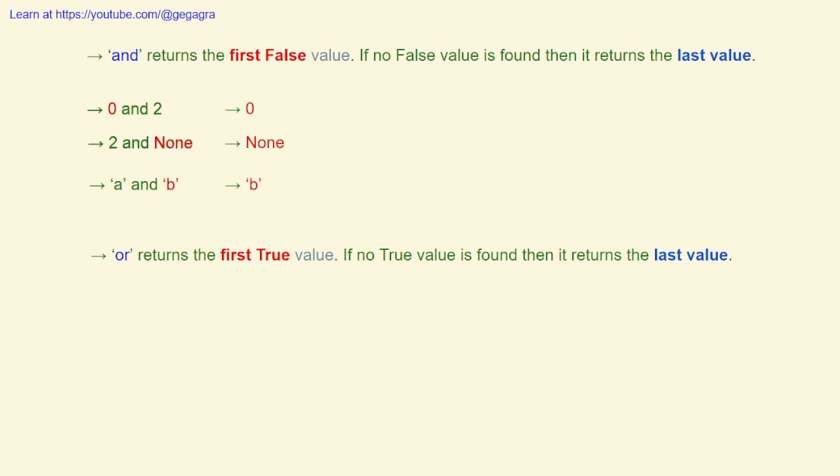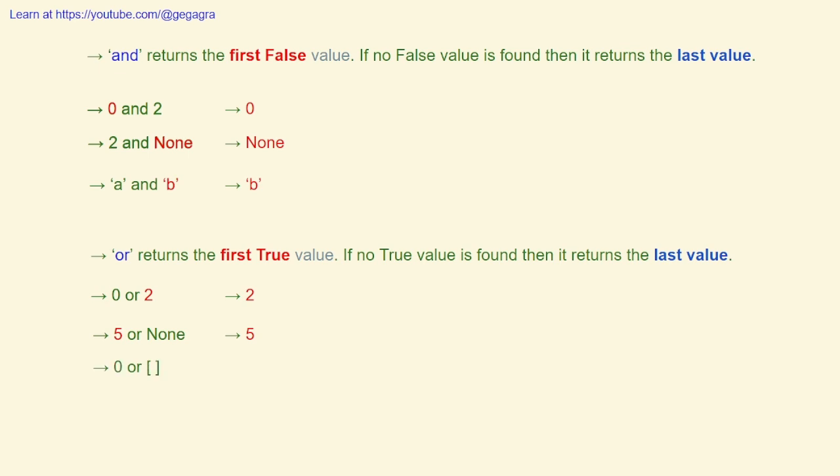When we talk about the OR operator, OR returns the first true value, and if the first true value is not found, then it returns the last value. So see here, 0 or 2. Here the first value is not a true value, and that is why it returns the last value, that is 2. Five or true, 5 or None: the first value is a true value, that is why it will return 5.